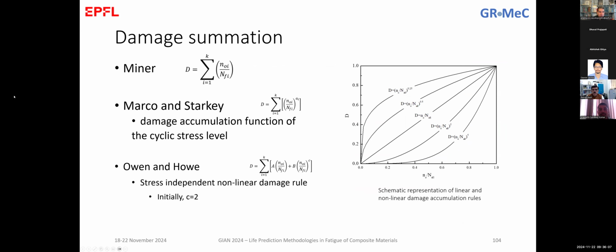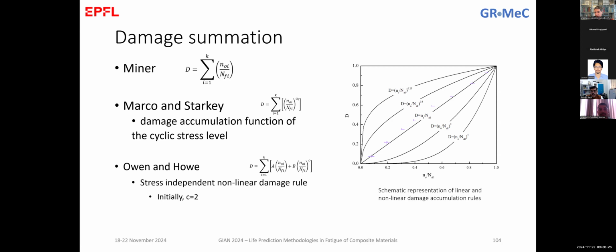If it makes sense to use a more complicated damage rule than Miner, to improve your data a bit or not. If your experimental data points are like that, this is not linear, so your behavior is not linear. But then I would say that a simple Miner damage rule here is enough.